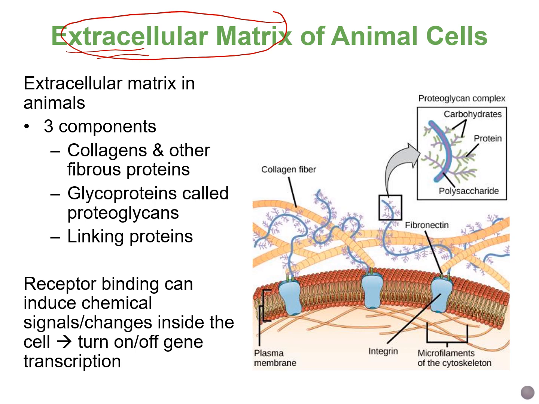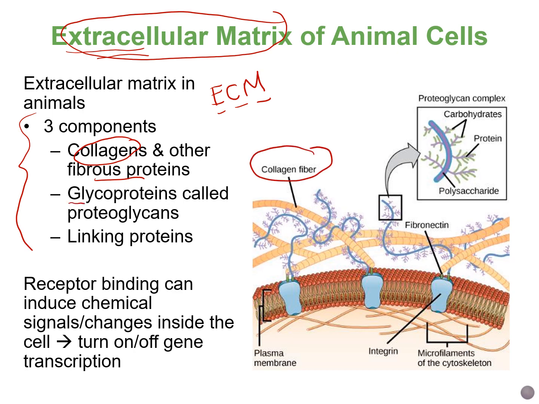If we were to look outside of the cell in animals, we would see a jelly-like or gel-like layer. There are three primary components in this extracellular matrix, sometimes abbreviated ECM. We have different types of proteins, such as collagen and other fibrous proteins, such as that shown here.